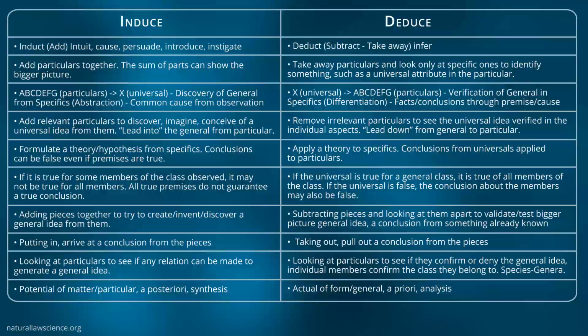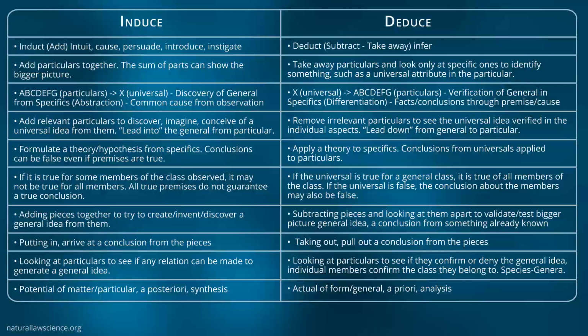Induction is looking at particulars to see if any relation can be made to generate a general idea. And deduction is looking at particulars to see if they conform to or deny the general idea. Individual members confirm the class they belong to. This is part of the species-genera loop.